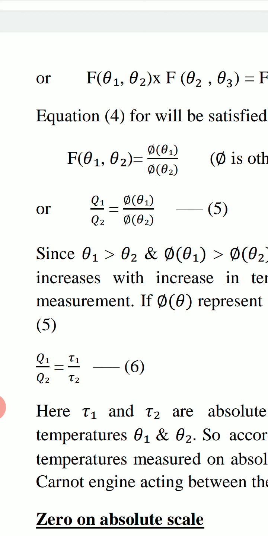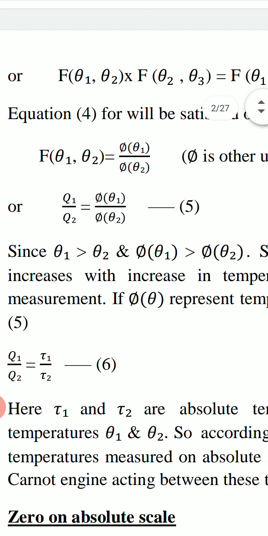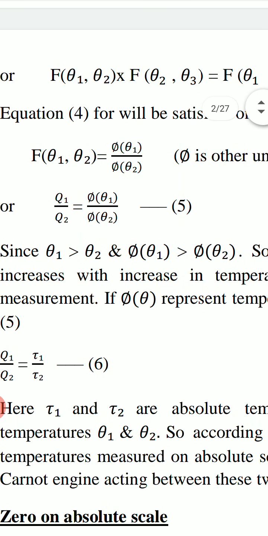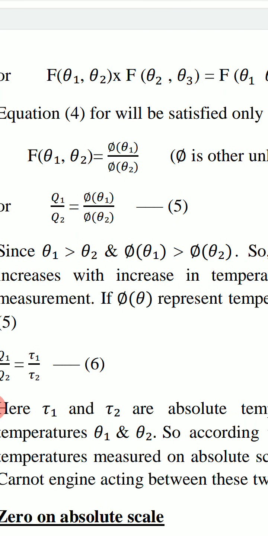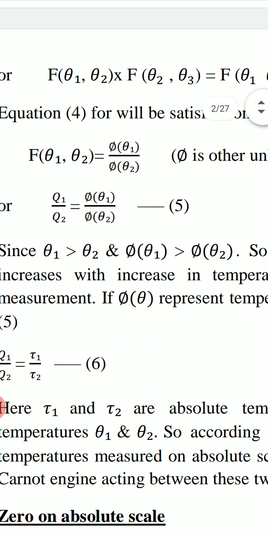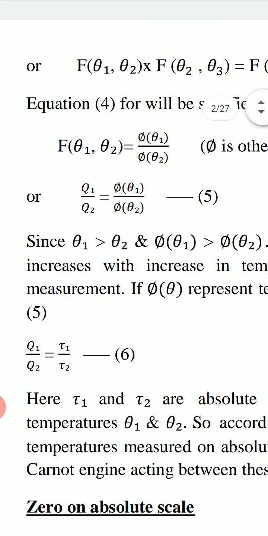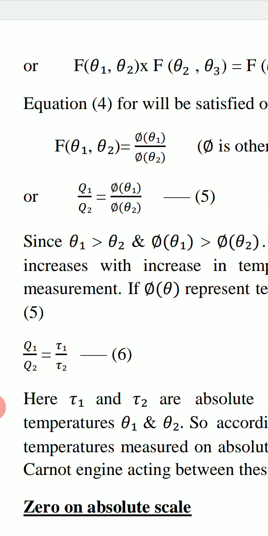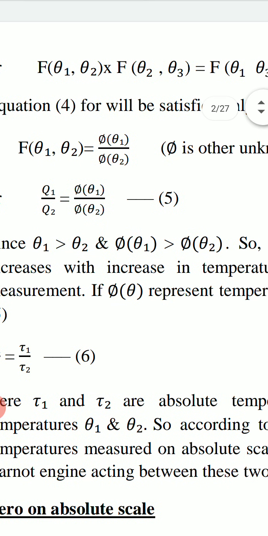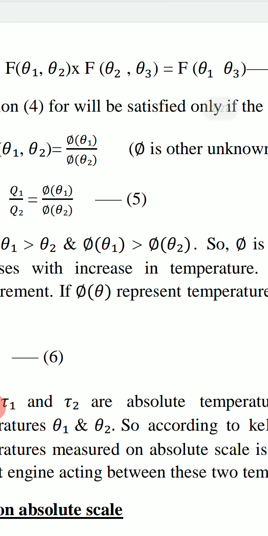Now temperature θ1 is greater than θ2 and phi(θ1) will also be greater than phi(θ2) because Q1 is greater than Q2. So from relation 5 we see that phi(θ1) will be greater than phi(θ2). Now we see that θ1 is greater than θ2 and phi(θ1) is greater than phi(θ2).